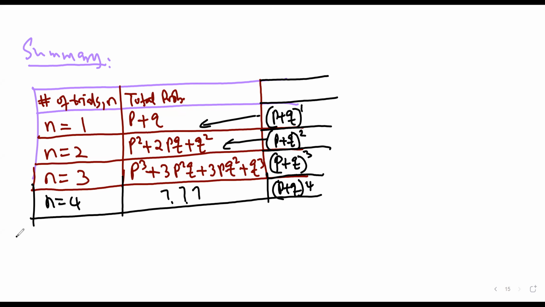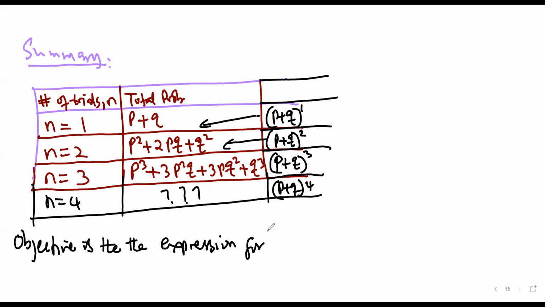So our objective is to get the expression for n is equal to k trials.